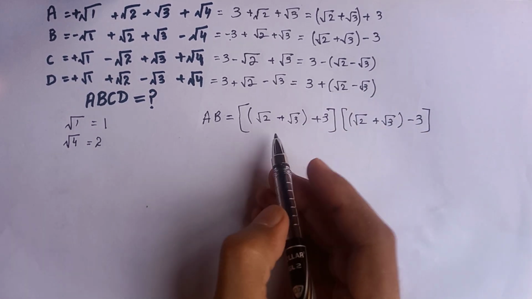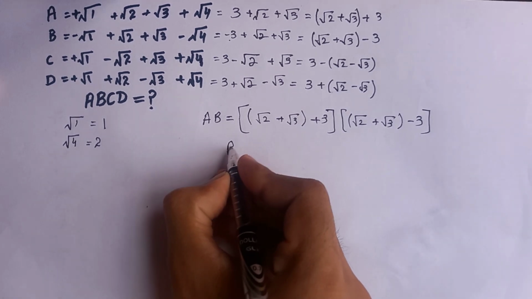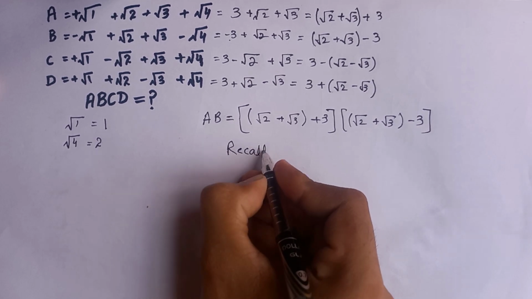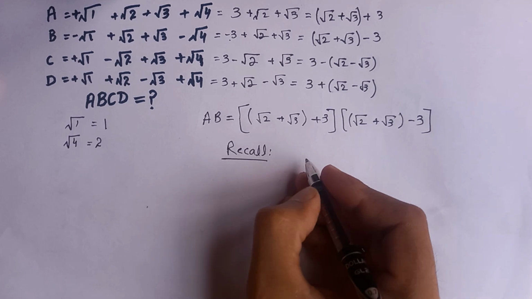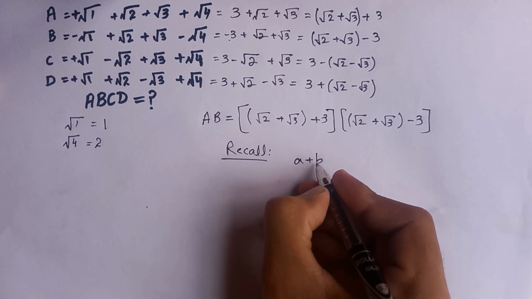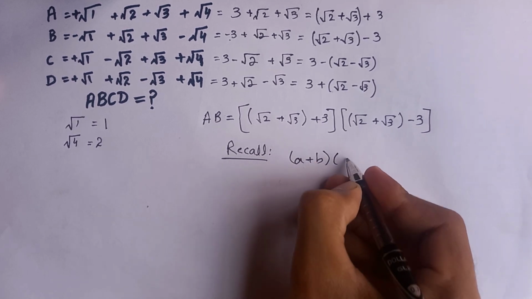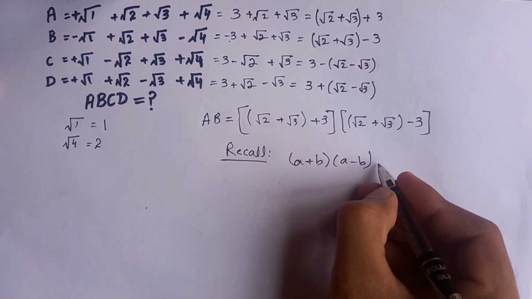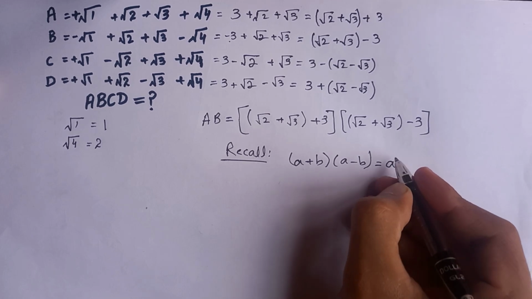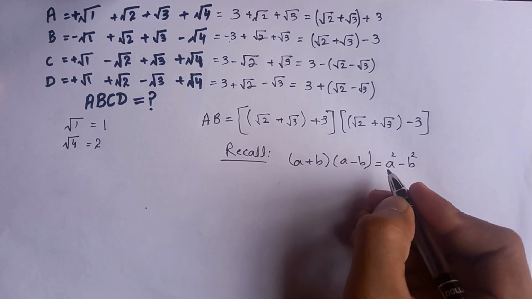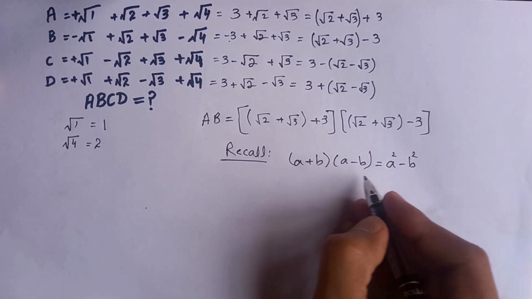Now friends, here we recall a formula. The formula says that a plus b times a minus b is equal to a square minus b square. The famous formula, difference of two squares.